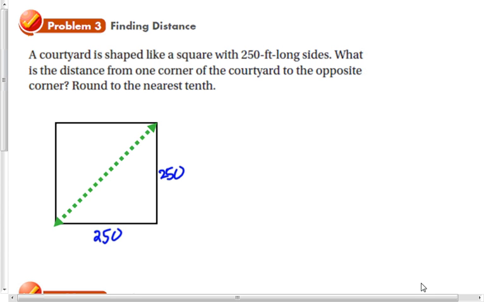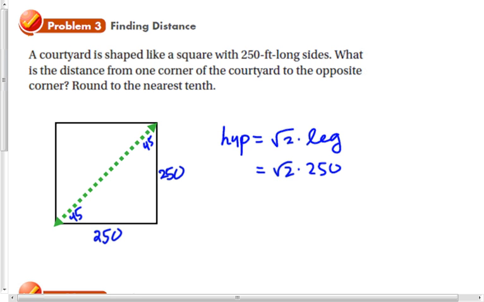And we know this is a 45-45-90 triangle because we are splitting the angles in the corner, bisecting them, because this is a rhombus. So we can use the idea that the hypotenuse of a 45-45-90 is equal to the square root of 2 times the leg. And of course the legs are equal to 250.